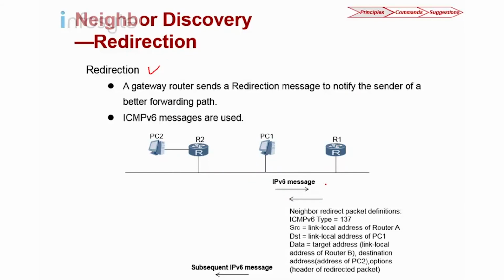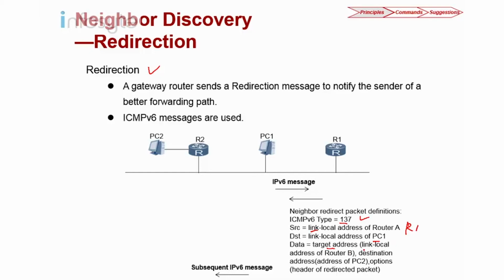Okay, so after R1 receives a message from PC1, R1 is going to send a message to PC1 informing that, hey, this is a redirect packet with the ICMP type 137, with the source of router A, in this case this is R1, and the destination of PC1.